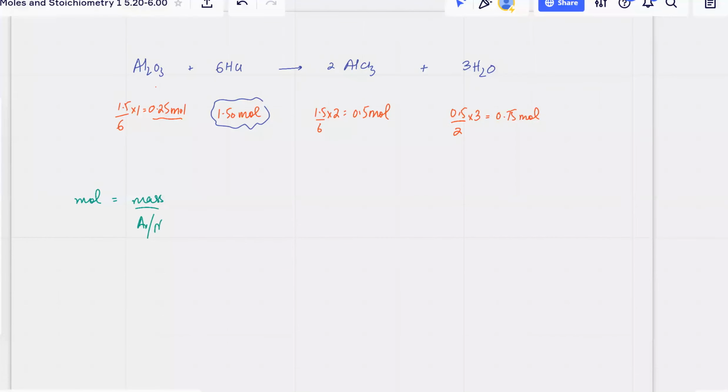So the thing is, once you know moles, you can convert that into mass. Okay? Once you know the quantity, you can convert that into mass.